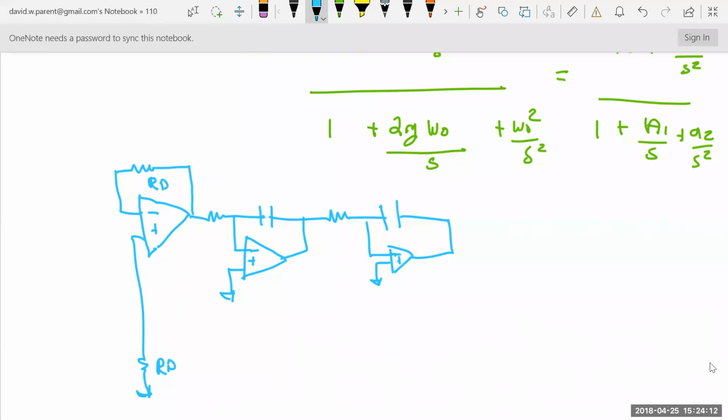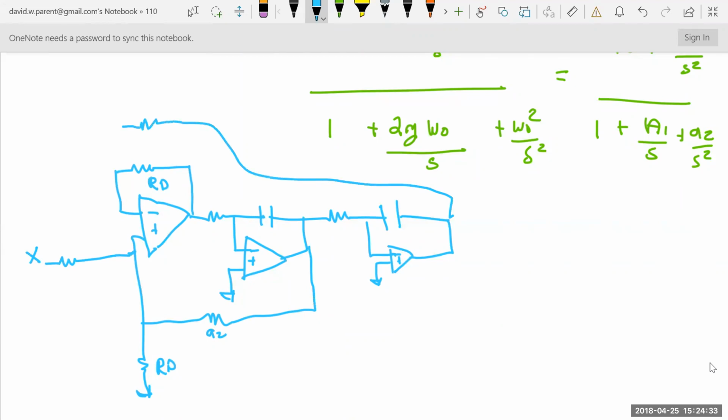All right. A2 is negative. A1 is negative. We want to keep it negative. So we keep it on the positive side. The input is positive, so we keep it on the positive side. A2 is positive. We need to invert it, so we bring it on the negative side. And then before, we just took the outputs here, here, or here, but with the notch, we need to sum.